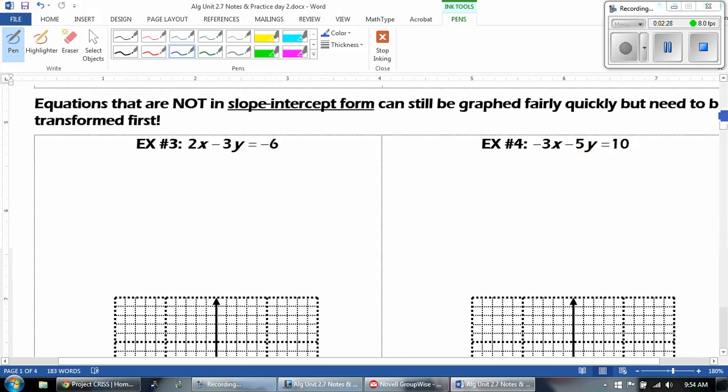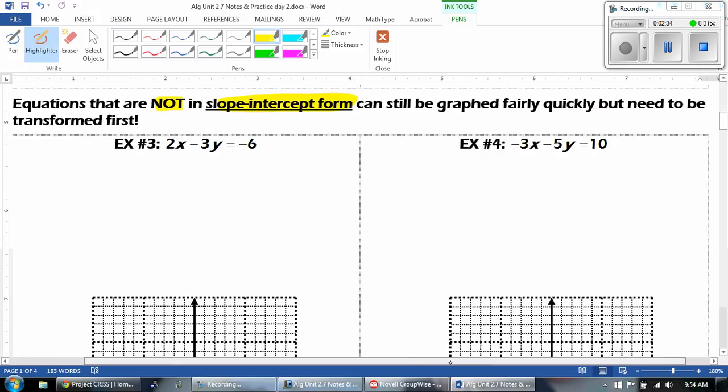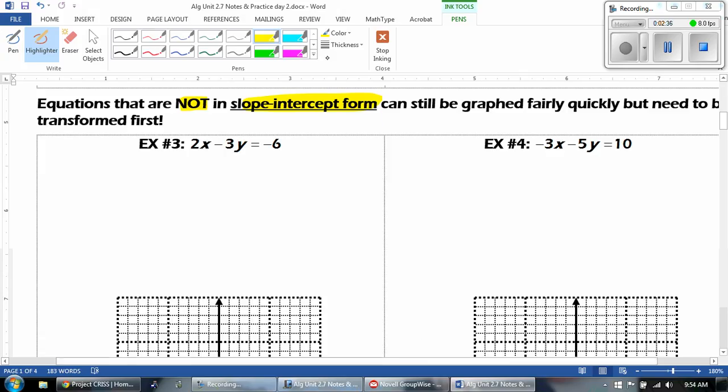Equations that are not in slope-intercept form can still be graphed fairly quickly, but they need to be transformed first. What we mean by that is we need the y by itself. So to get the y by itself, we subtract the 2x from both sides. We get negative 3y equals negative 2x minus 6.